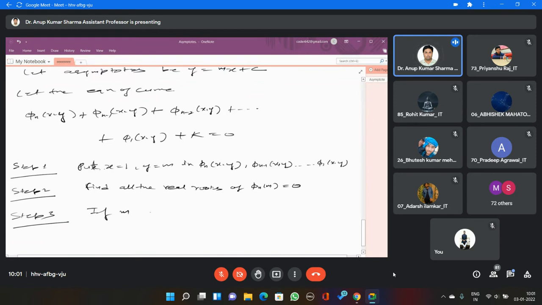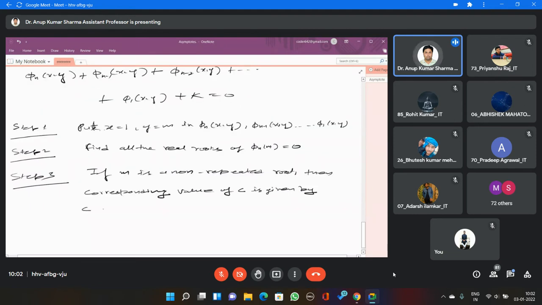If m is a non-repeated root, then the corresponding value of c is given by c phi n dash m plus phi n minus 1 of m is equal to 0, where phi n dash m is not equal to 0.